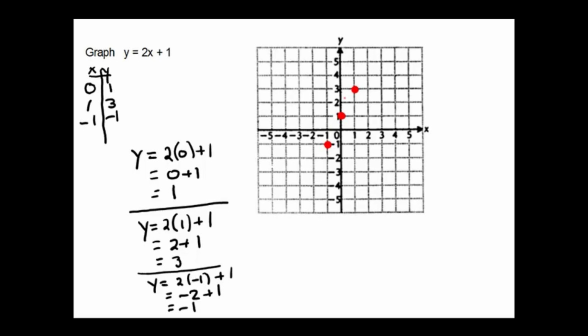Now we'll connect those points to draw our line. Remember, the line is a picture of the solution set of the equation y equals 2x plus 1. All the ordered pairs on that line make this equation true.